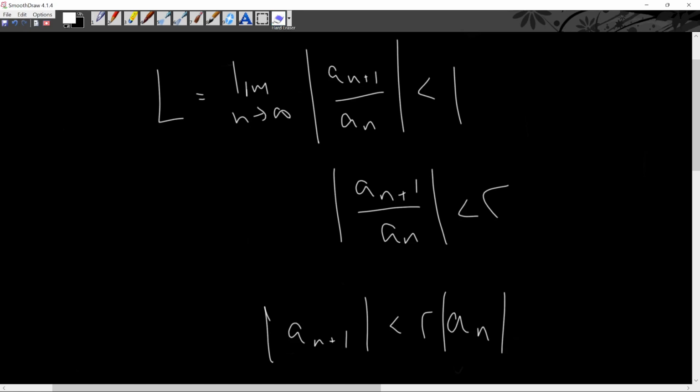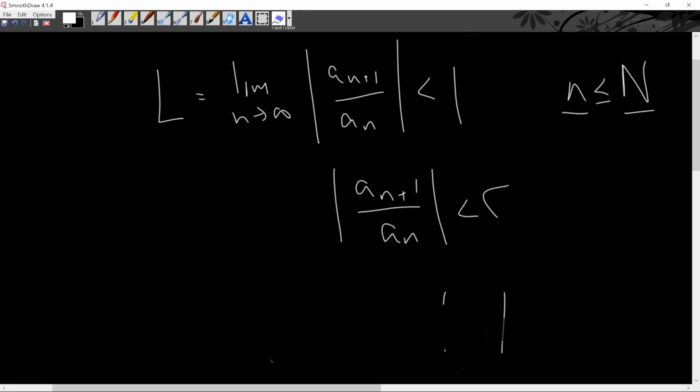And again, we said that n is less than or equal to N. Lowercase n being the number of terms, approaching infinity, and capital N being a specific term value. So we agree that the absolute value of a sub n plus 1 is less than R times a sub n.